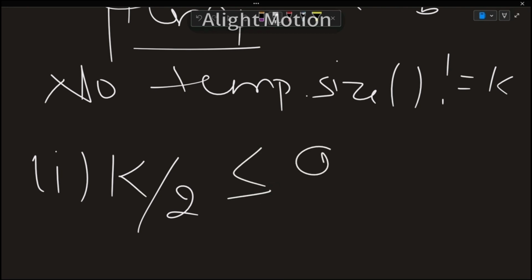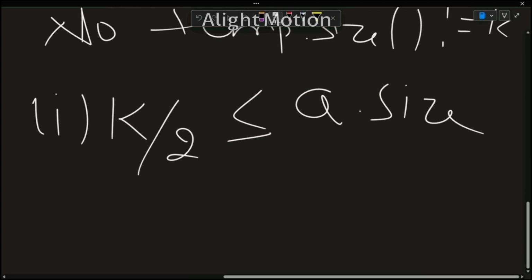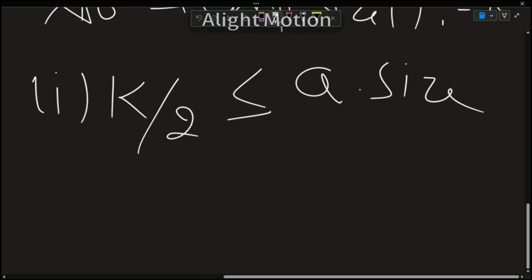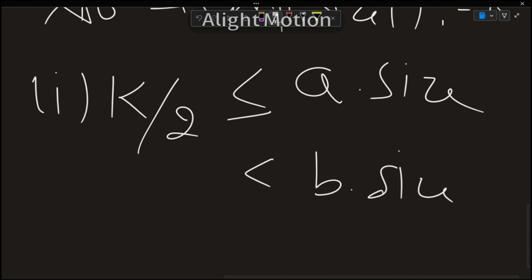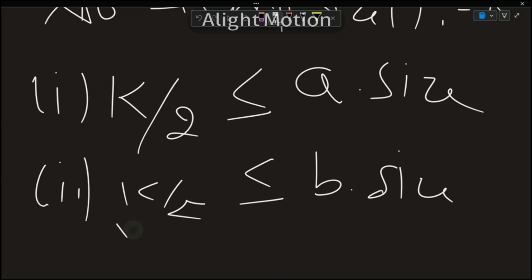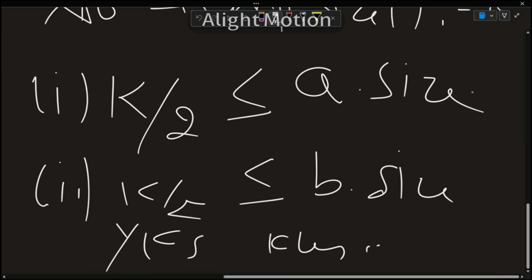So A.size must be greater than or equal to k by 2, and similarly B.size as well, in order to satisfy both conditions. If it satisfies these, my answer would be yes, else again it would be no. So I think you got the approach of the problem.